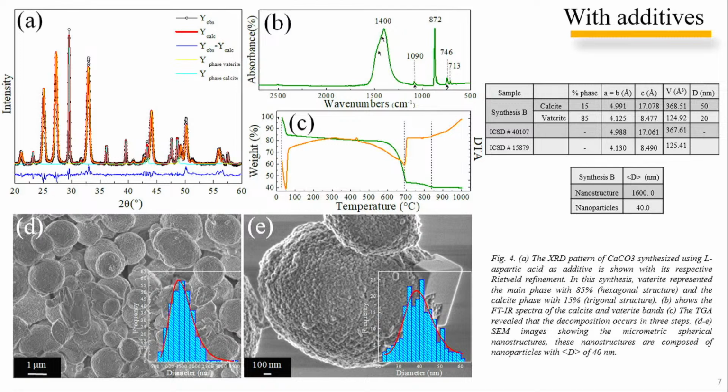In this synthesis, vaterite represents the main phase with 85%, and the calcite phase with 15%. The FTIR shows the respective calcite and vaterite bands. The image shows micrometric spherical nanostructures. These nanostructures are composed of nanoparticles with a diameter of 14 nanometers.